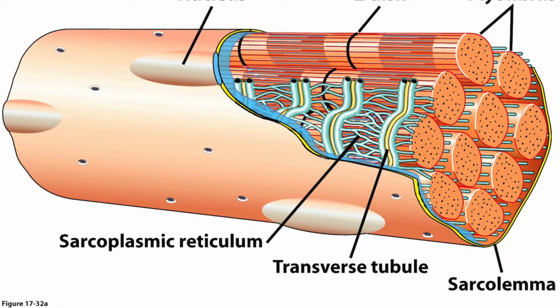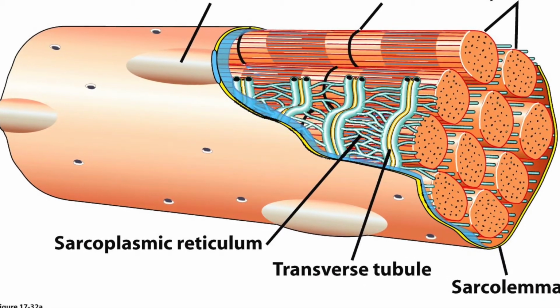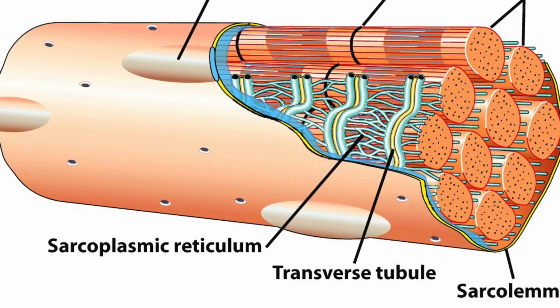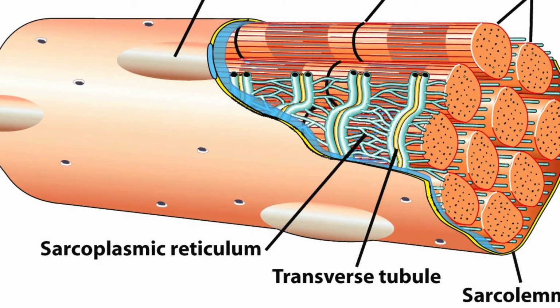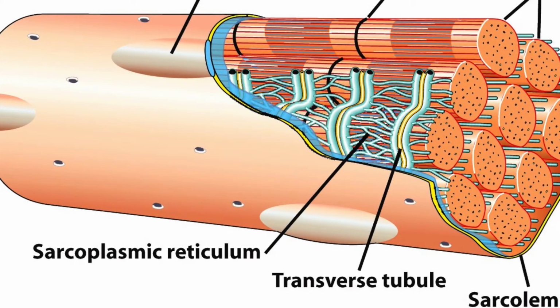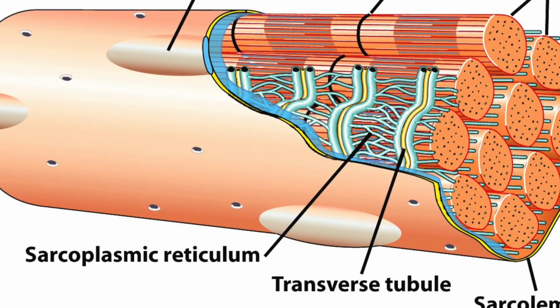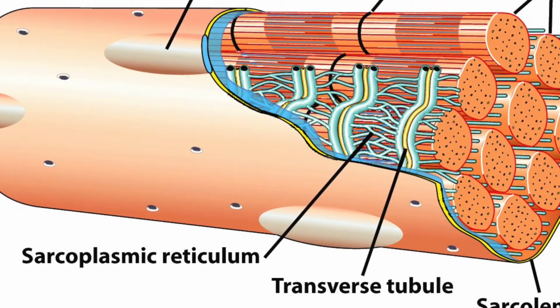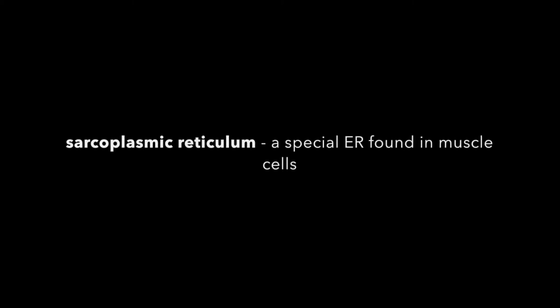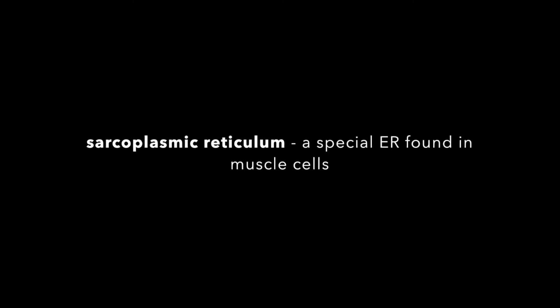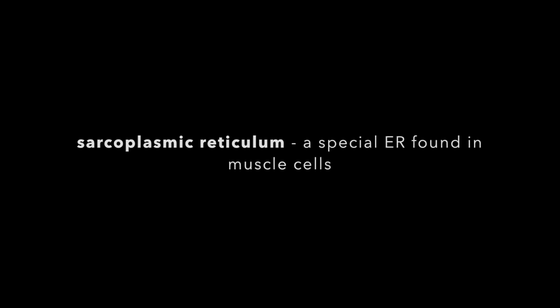Now, this action potential spreads along the folds of the plasma membrane, and these folds are called transverse tubules, and it opens calcium channels in the sarcoplasmic reticulum. The sarcoplasmic reticulum is a specialized endoplasmic reticulum that is found specifically in muscle cells.